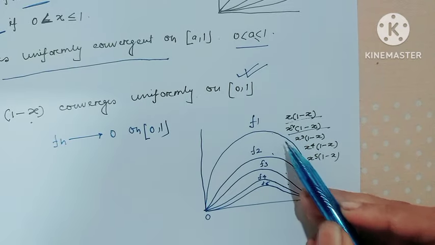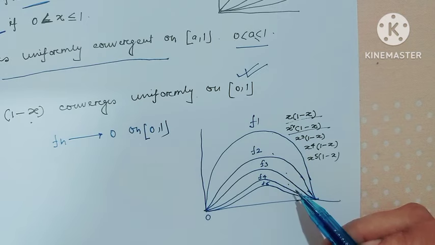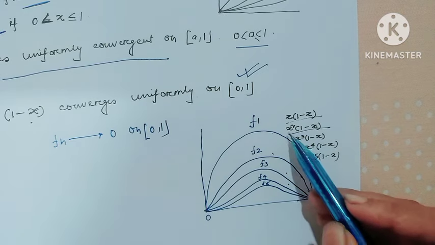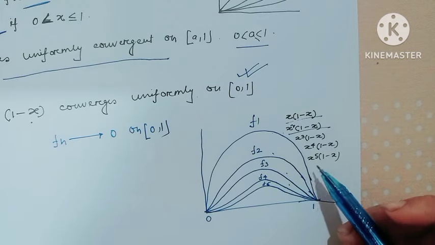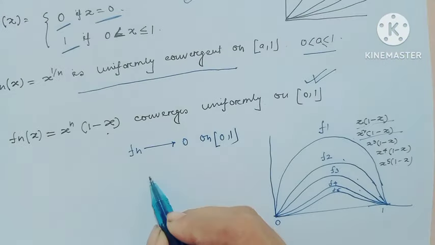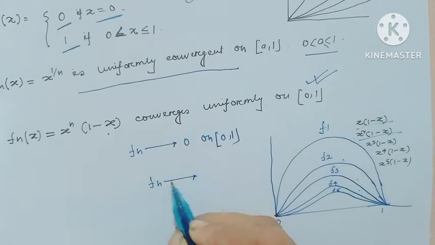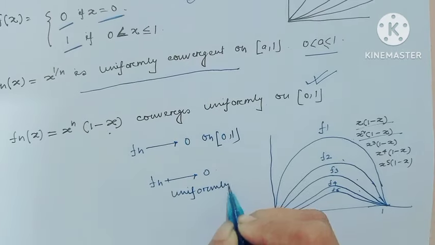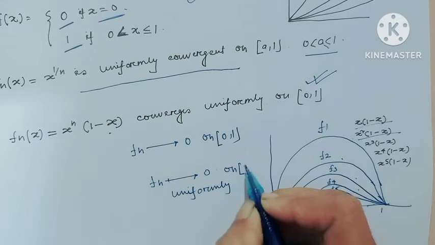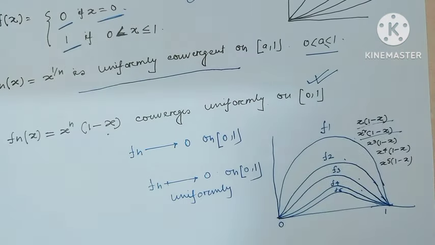That means the sequence is monotone decreasing, and all of f1, f2, f3, f4 and so on are continuous. So we can tell fn converges to 0 pointwise, and this is uniform on the closed interval 0, 1 by Dini's theorem.